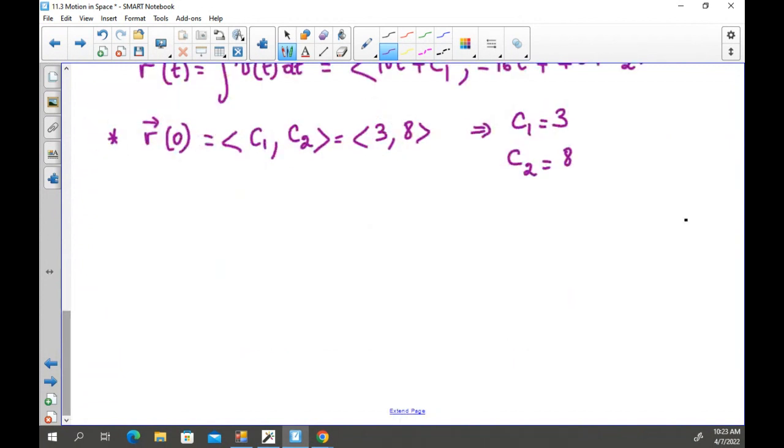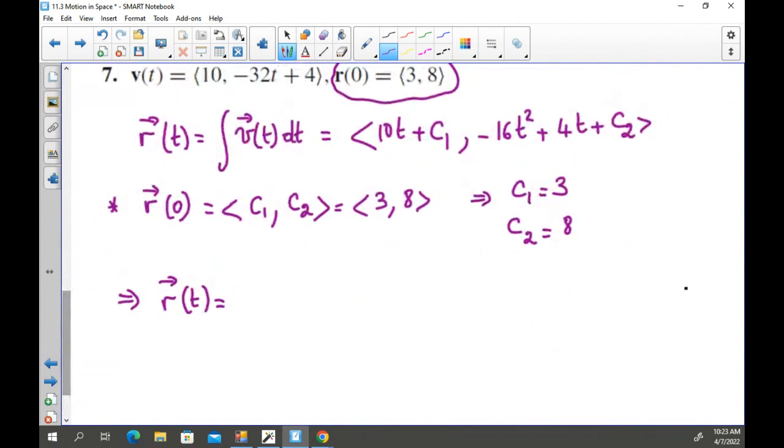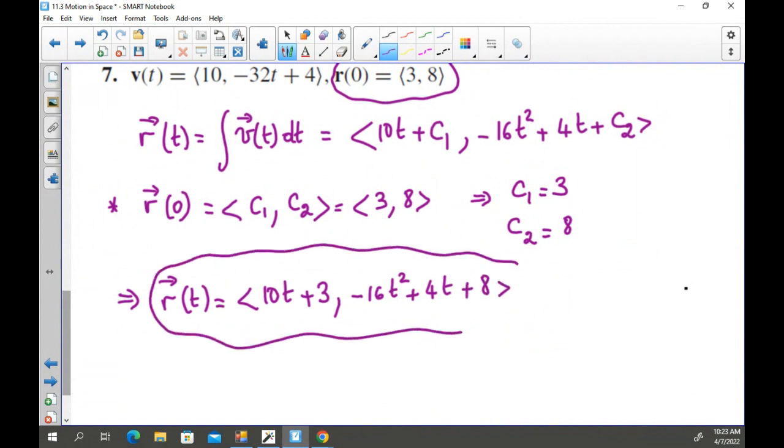After that, you substitute. So the position vector is 10t plus 3, and then minus 16t squared plus 4t plus 8, and that is the position vector for this question. Okay.